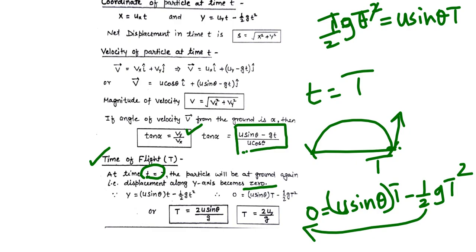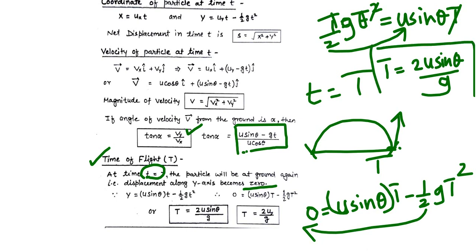Cancel this t, take this 2 here, and we get t equal to 2 u sin theta by g. Clear, children? Actually u sin theta is the vertical component of initial velocity, so you can just write it like that.